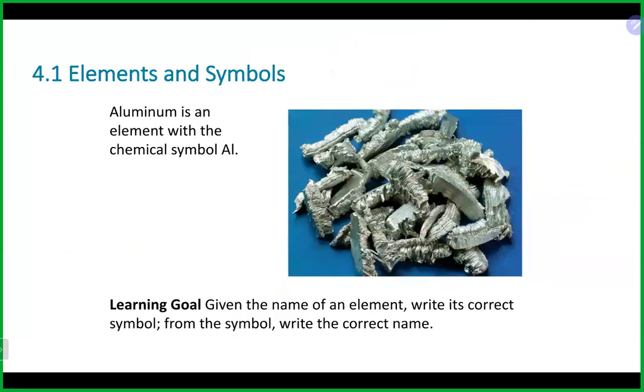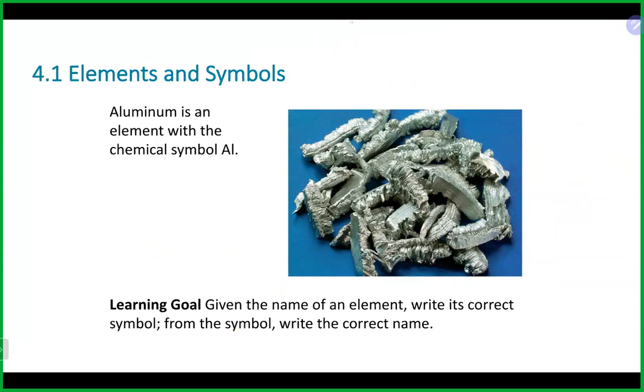Okay. Now let's talk a little bit about elements and their symbols. We use symbols to represent elements. Symbols can basically be written one of two ways. They're either written as a 1-letter symbol or a 2-letter symbol. If it is a 1-letter symbol, we always capitalize it.